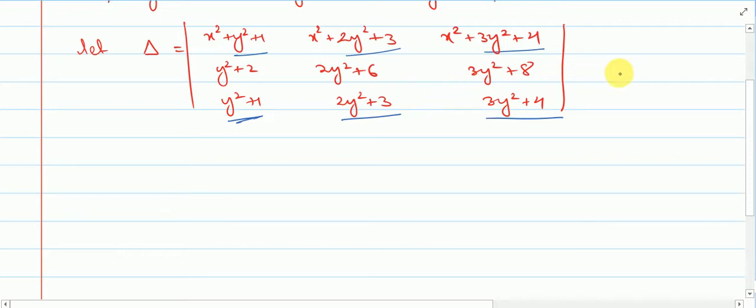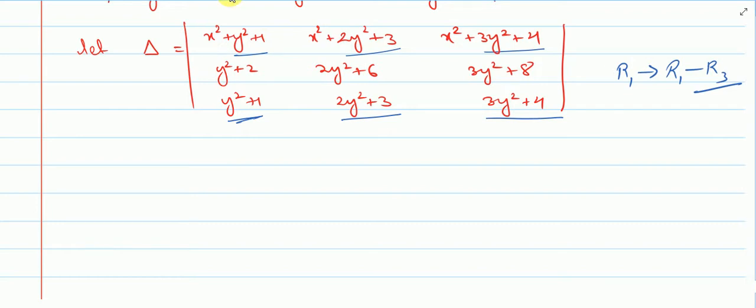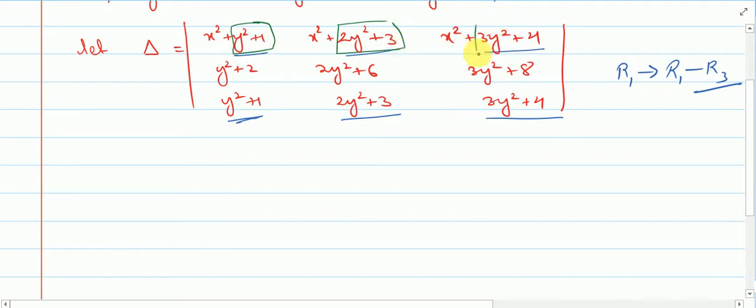So if I operate this, that r1 becomes this r1 minus r3. So in that case, what will happen? This will be removed. Yes, in the next step. And you can see that x square will be common. Yes. So let us do that.